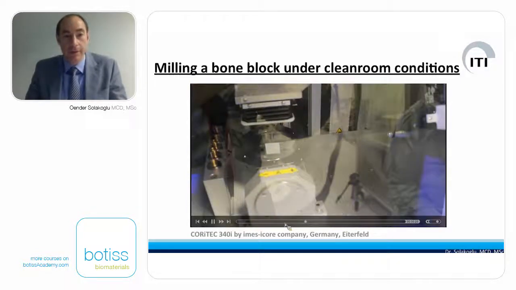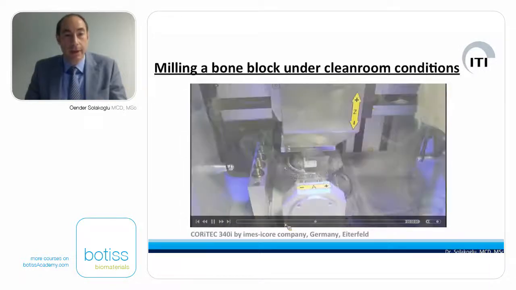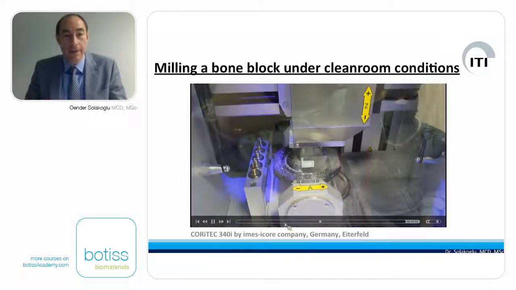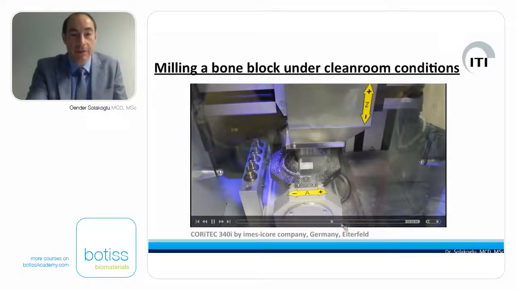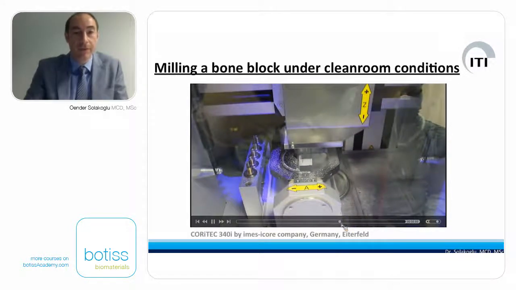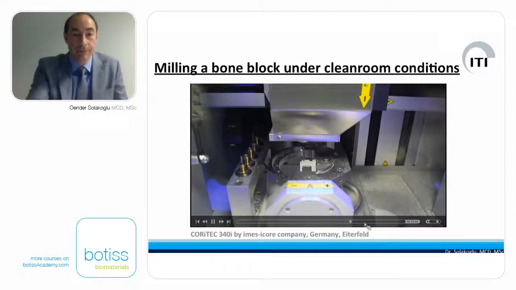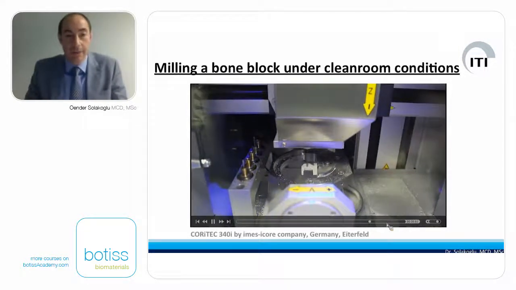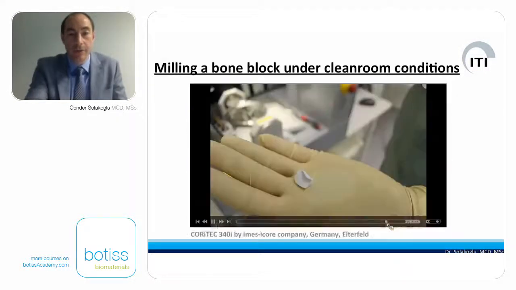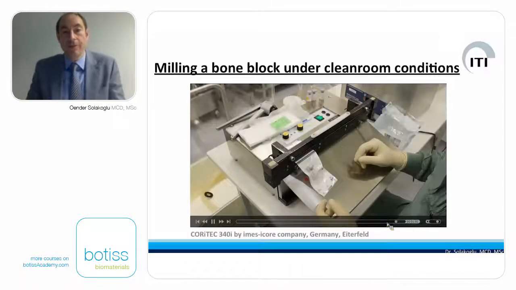And after this was milled, it will be packed, sterile, and then it will be mailed to you. And this all is, of course, done under clean room conditions, as you can see here. So this basically allows for really, really good adaptation in this individual site.